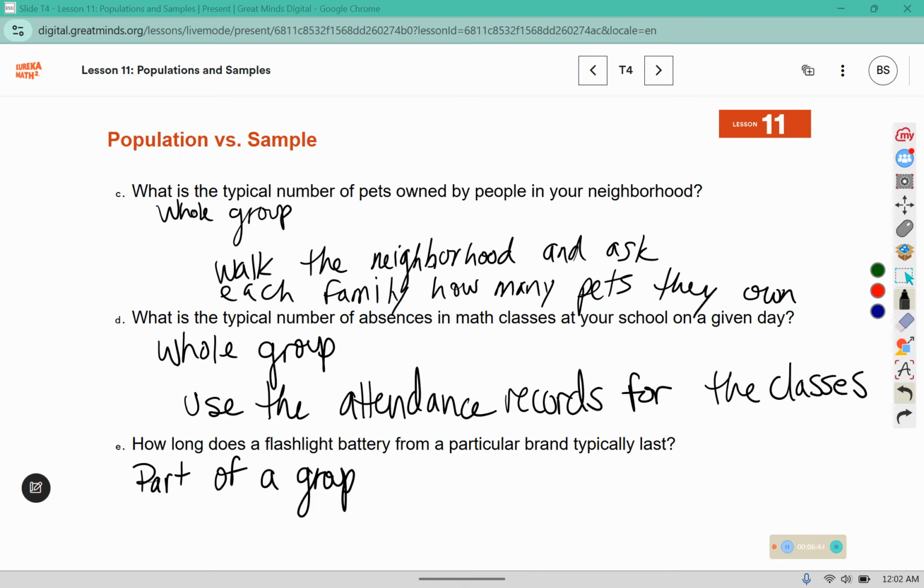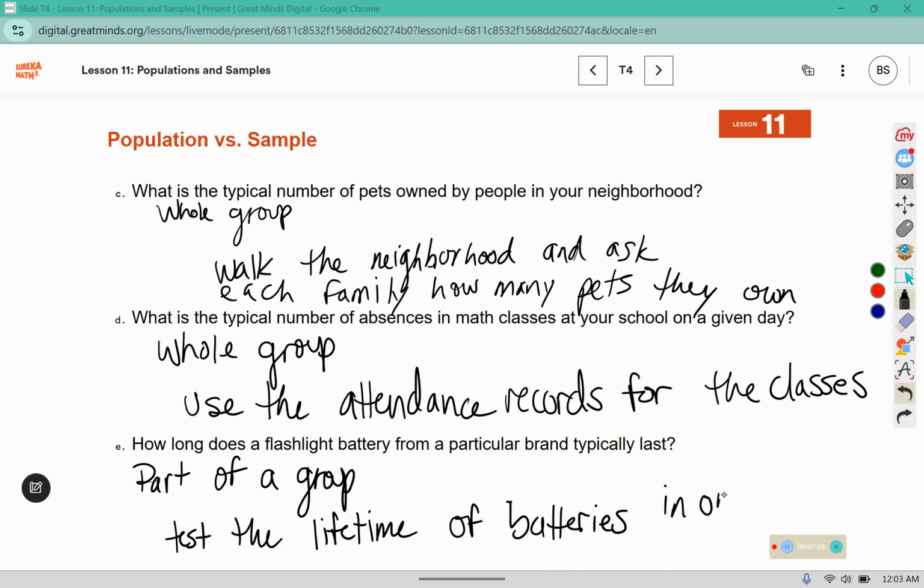We could buy a pack of batteries and test each one in the pack. But it wouldn't be possible to buy every single battery from that brand and test them all. So we would need to use part of the group.